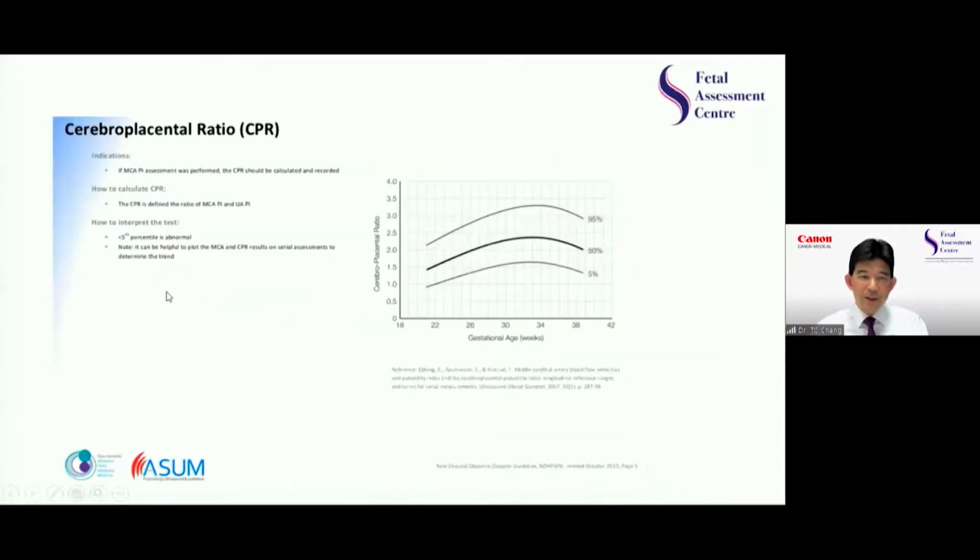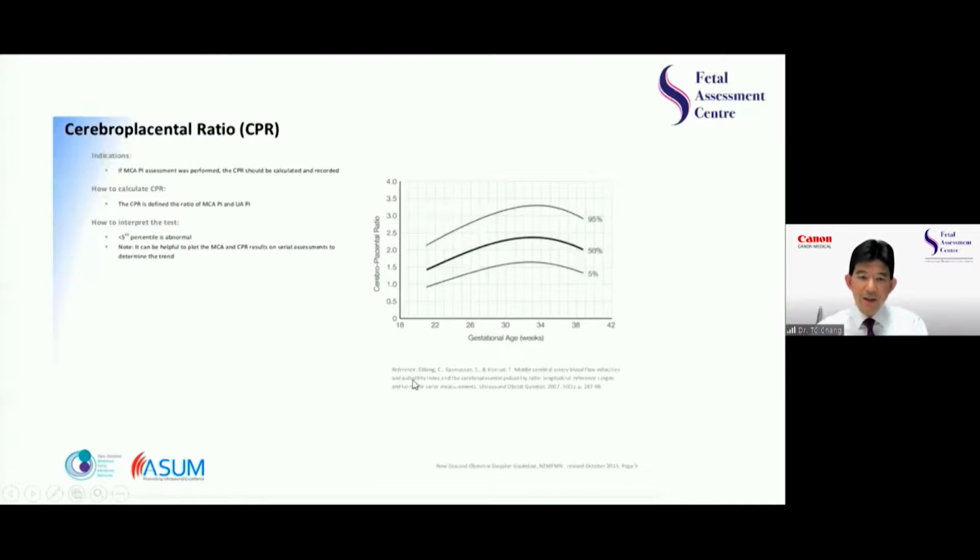Let's talk a little bit about the middle cerebral artery, and therefore by implication the cerebral-placental ratio. This is not new to most of us. We know since 2007 these charts have been produced and they have been used in clinical practice.